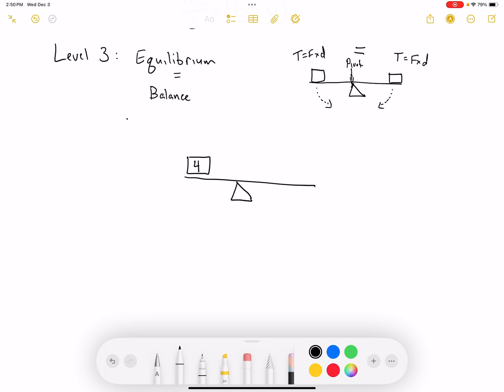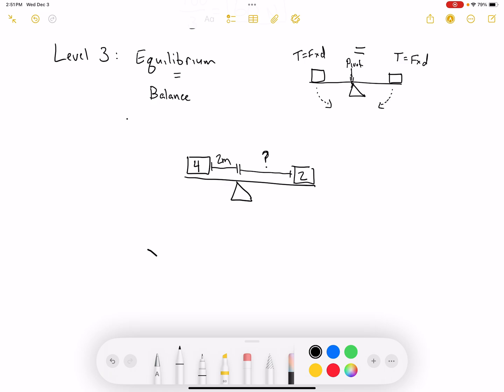And on the other side, I'm going to have an object with, let's go with 2. Here's 2 newtons of force on this one. So if this object is 2 meters away from the pivot point, how far does this object have to be in order for it to be balanced?